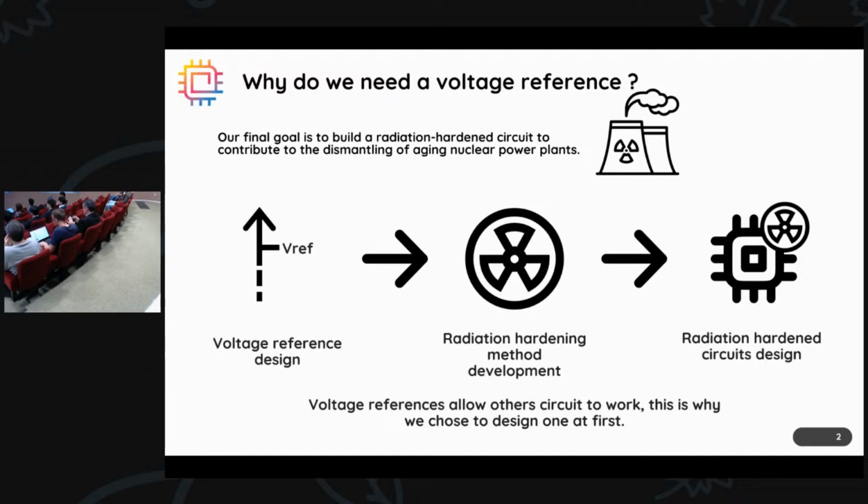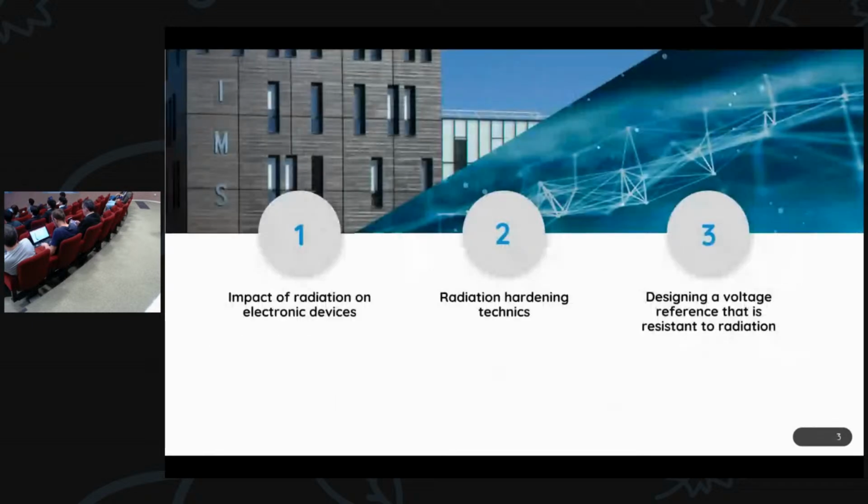We start with a voltage reference, then we make it hardened to the radiations, and then we export this methodology to other circuits. We start first with the voltage reference because it's a circuit that allows other circuits to work. So it's a great idea to start with one. My presentation will be divided in 3 parts.